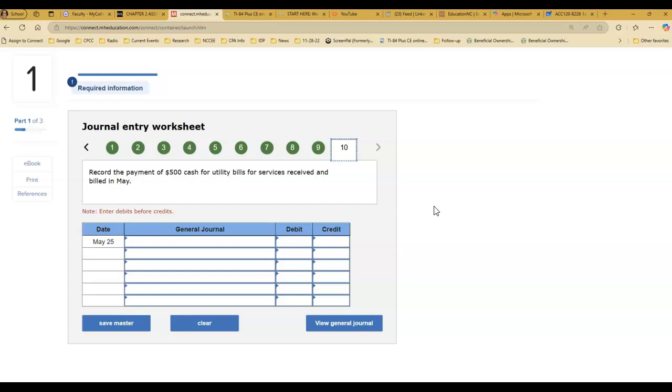Record the payment of $500 cash for utility bills for services received and billed in May. Okay. Now, couple of things to note here is this. What is really happening here is we came in, we flipped on the lights all month long. We're using electricity.